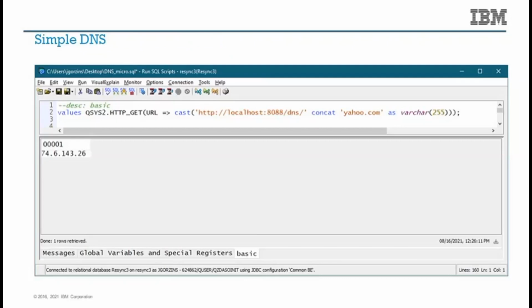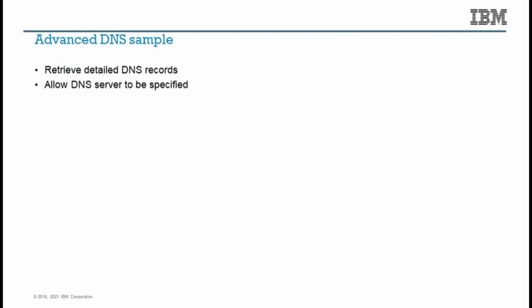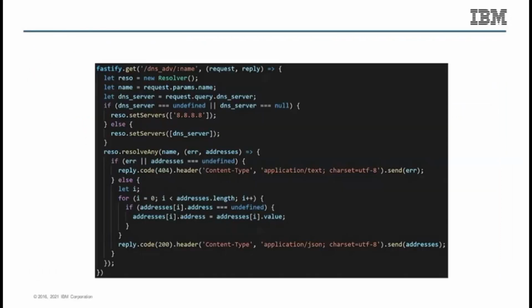And of course, anything that open source can do is now at your fingertips with these qsys2 HTTP functions, right? Even more advanced DNS example, like if you wanted the detailed DNS records to come back, or if you wanted to query a specific DNS server, a little bit more code on the Node.js side, but hey, I can stand up an API to do it.